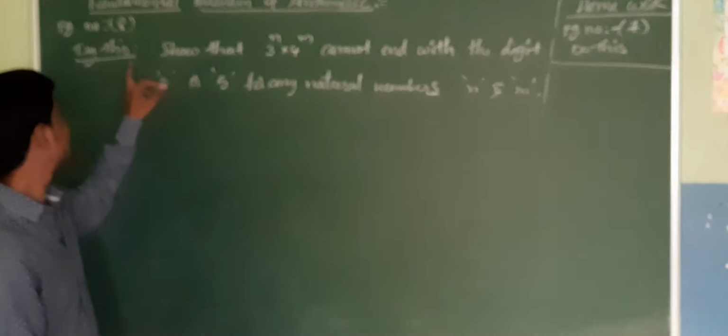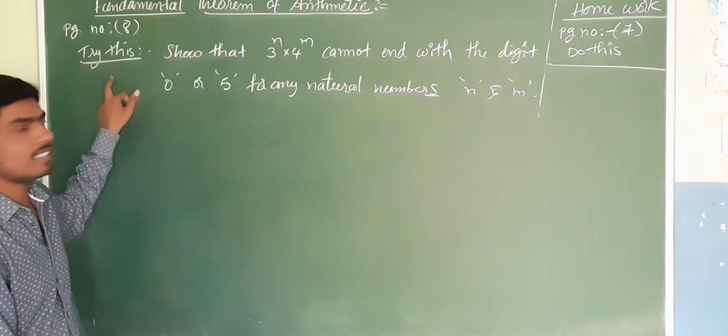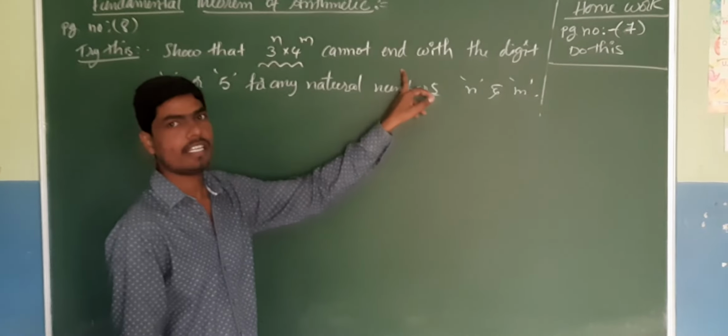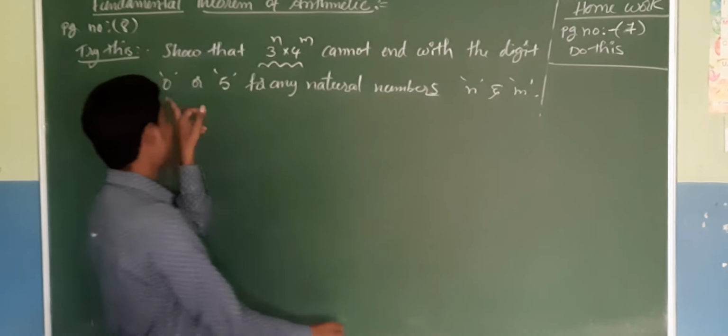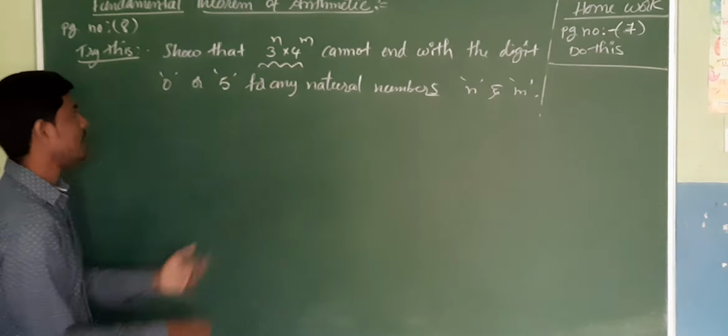Here children, page number 8, try this. Show that 3 power n into 4 power m cannot end with the digit 0 or 5.